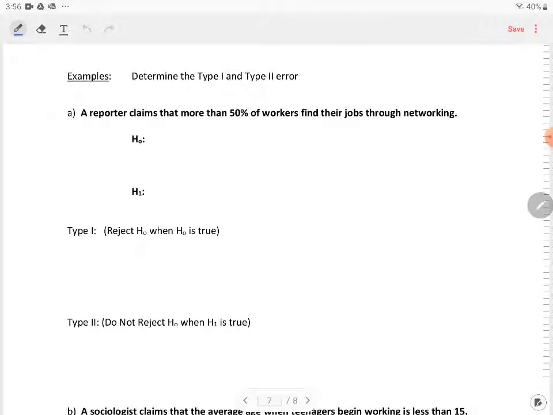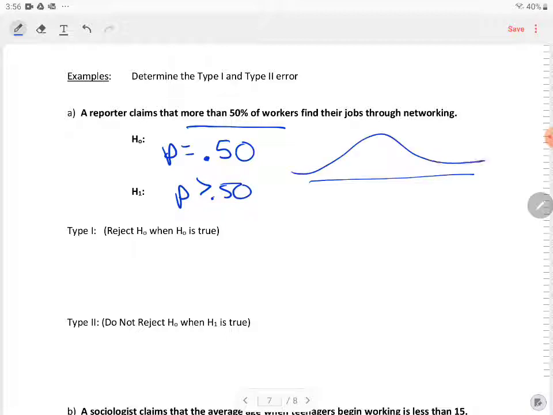Okay, so let's determine the type 1 and type 2 errors below. A reporter claims that more than 50% of workers find their job through networking. So H0, it's a percent, so p is equal to 0.50. Remember, your H0 is always equal. So more than: p is greater than 0.50. So again, it would look like this.